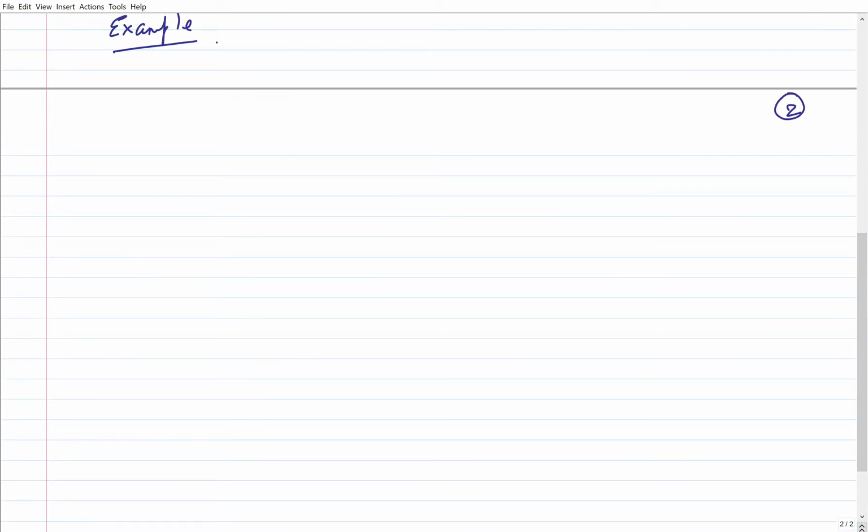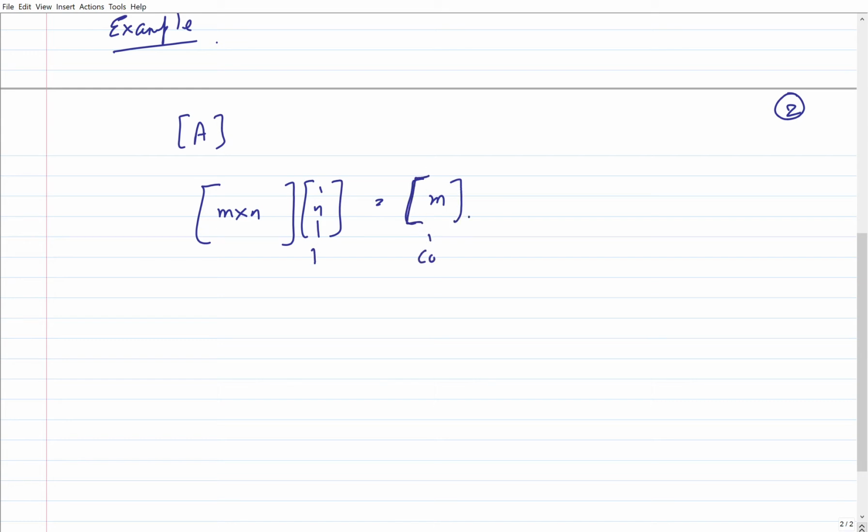Well, it is the left multiplication by a matrix A. Let's say I have an m cross n matrix, and I multiply it by a column vector. I get another column vector.